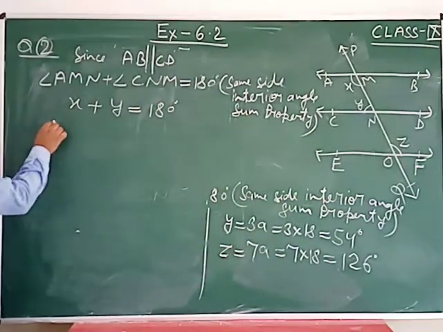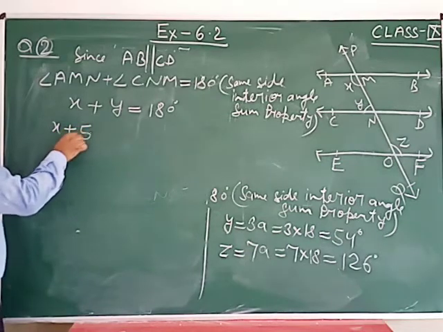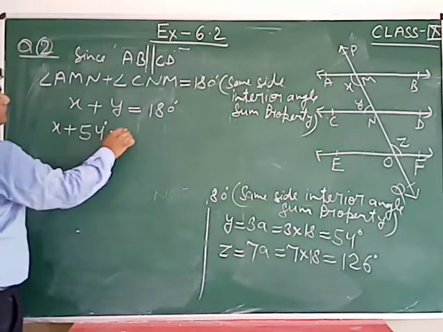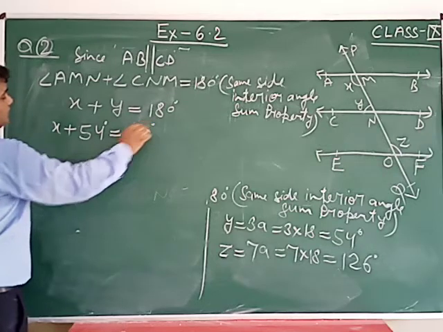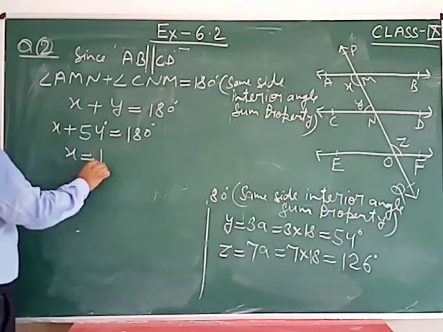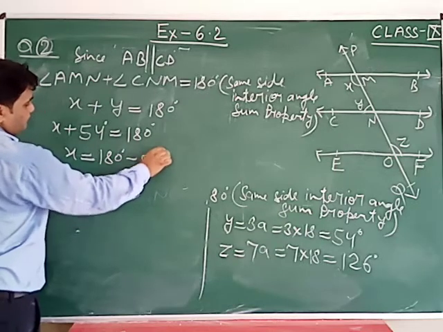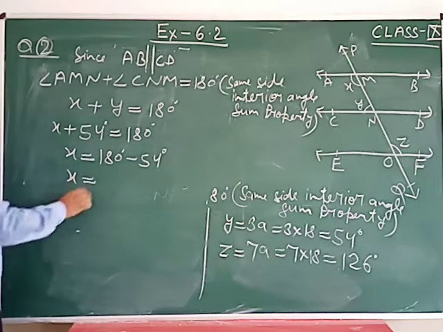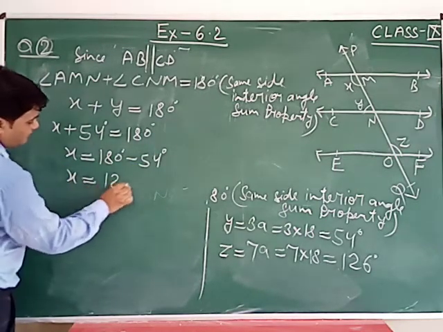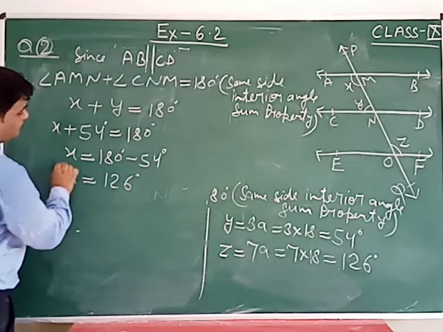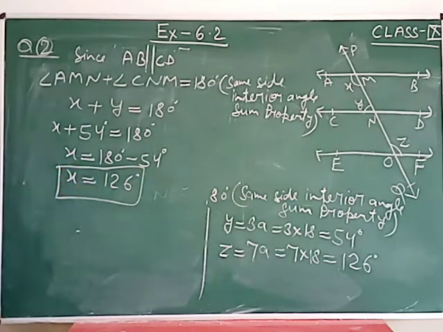So put here x plus 54 equals 180 degrees. x equals 180 minus 54, x equals 126 degrees. That is what we had to find.